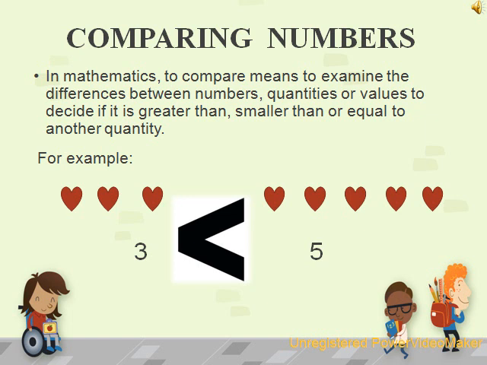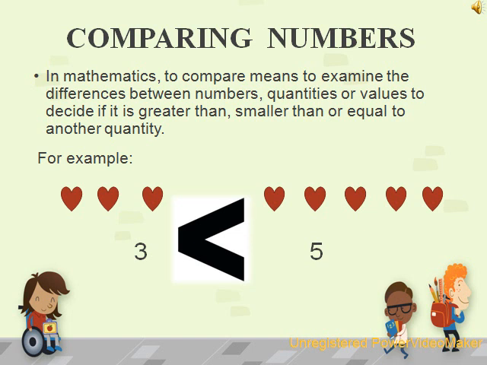Which means comparing numbers decides which quantity is bigger, which quantity is smaller. For example, here hearts are there. On the left side of the screen, 3 hearts are there.